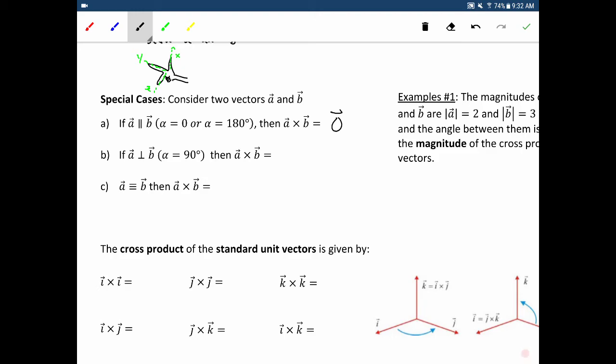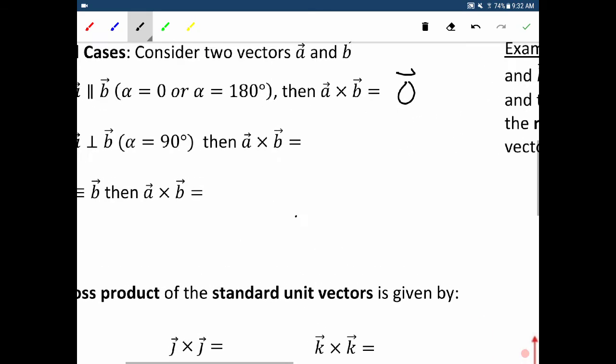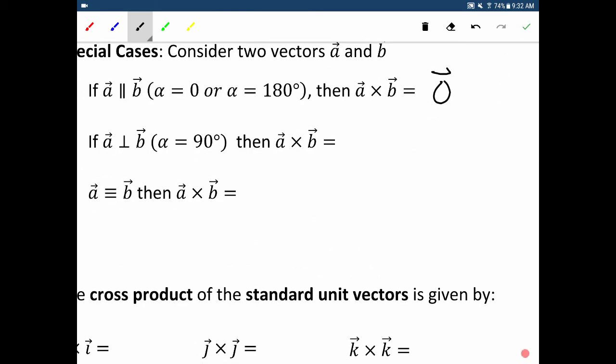Anyway, if they're perpendicular, then hold on, sorry. Well, this is why I'm messed up, because that should be like that.